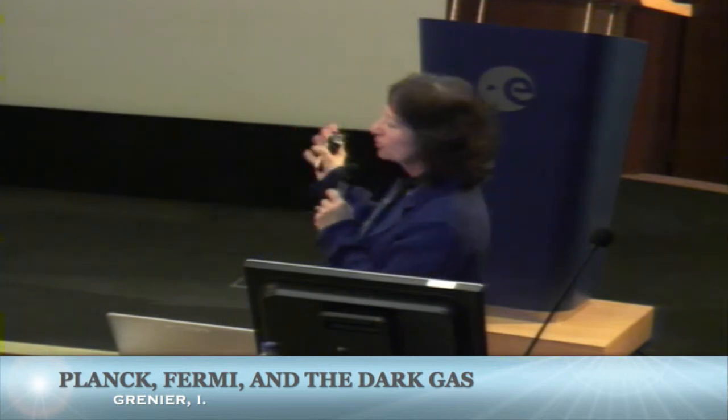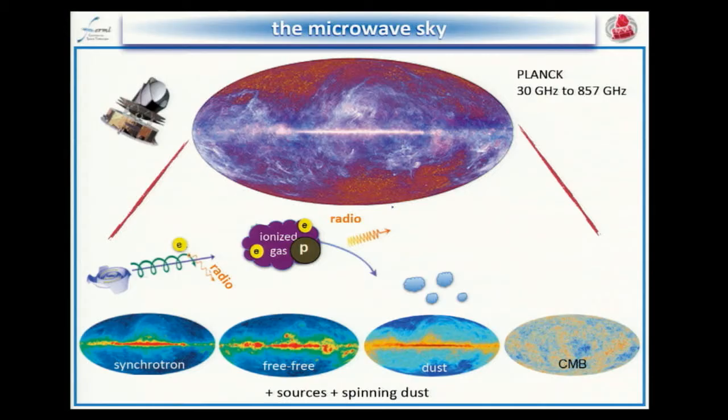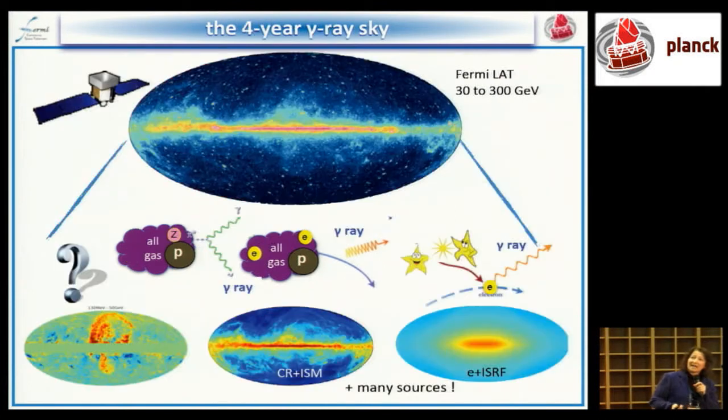So you're all familiar with the Planck sky, the microwave sky, with all those emission ingredients from synchrotron, free-free, dust and CMB, but you may not be as aware of the ingredients of the gamma ray sky, so let me review a little bit for you. Here you have the all sky map that we've accumulated with Fermi, above a GeV.